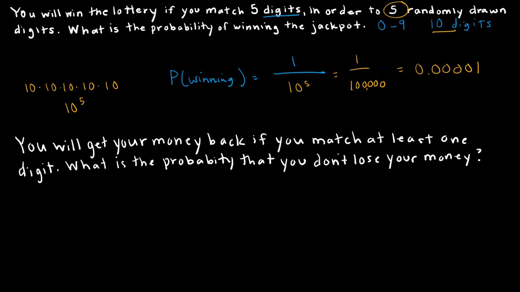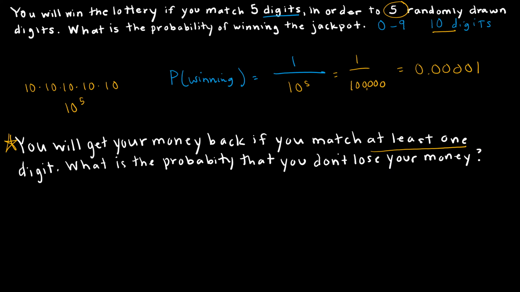And this is actually a pretty nice lottery because a lot of them are worse. And this makes it even nicer. Let's say they're going to give me my money back if I match at least one digit, which means I could match 1, 2, 3, 4, or I could be the big winner and match all 5.